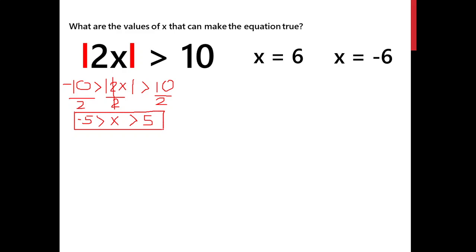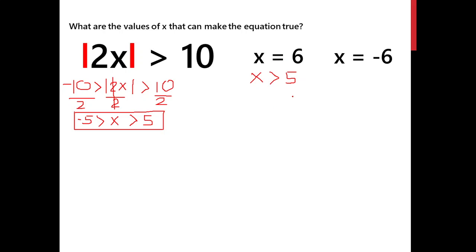Does it match with our answer? Yes, it does match, because here, any number greater than 5 is a solution to our statement, and 6 is greater than 5. That's why 6 is a possible answer.